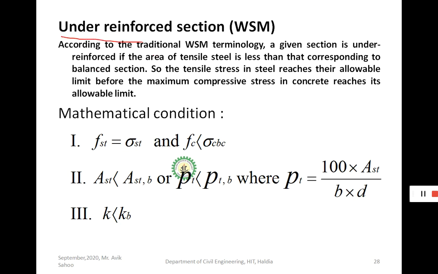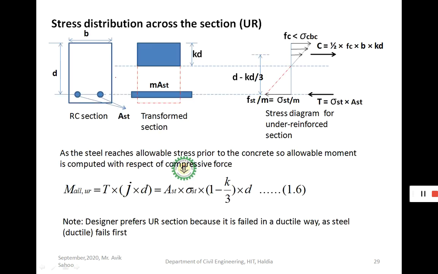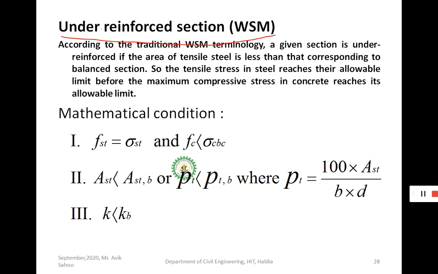Now in the under reinforced section, here under service load, the stress of steel reaches the permissible stress prior to the concrete, meaning the steel first reaches the allowable stress, whereas concrete will not attain the permissible stress.